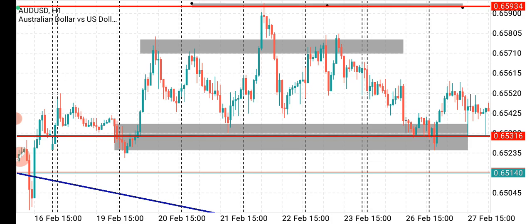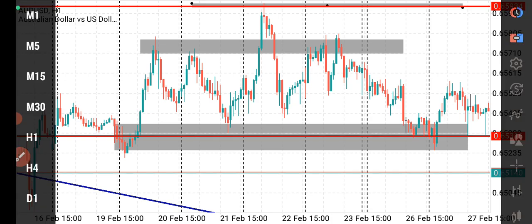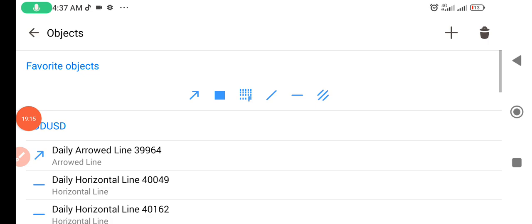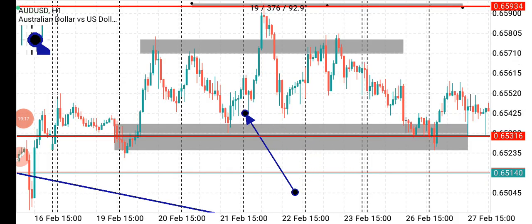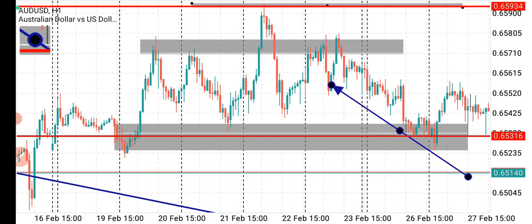We will trade support and resistance based on our knowledge of candlestick and chart pattern. Once price returns to the zone of support or the zone of resistance, you begin to look for how to go long or how to go short.